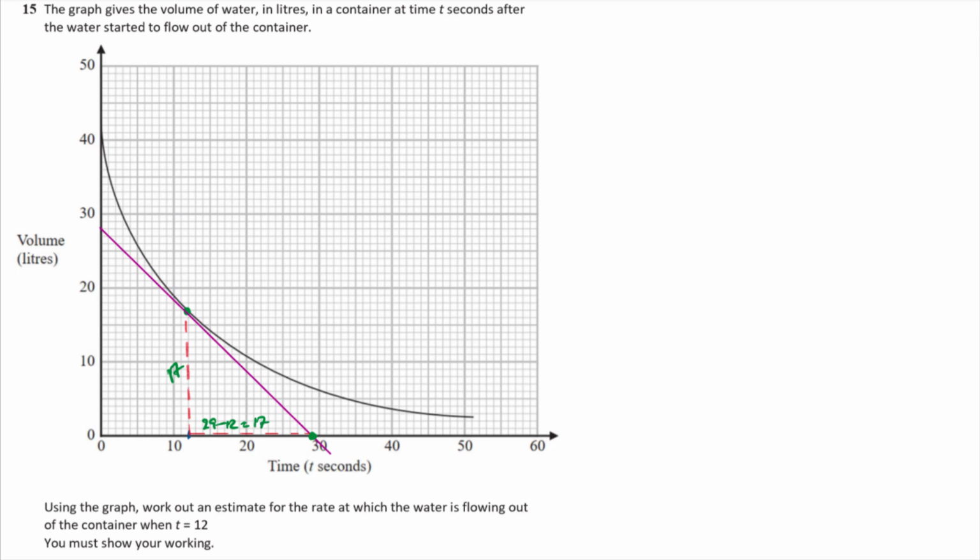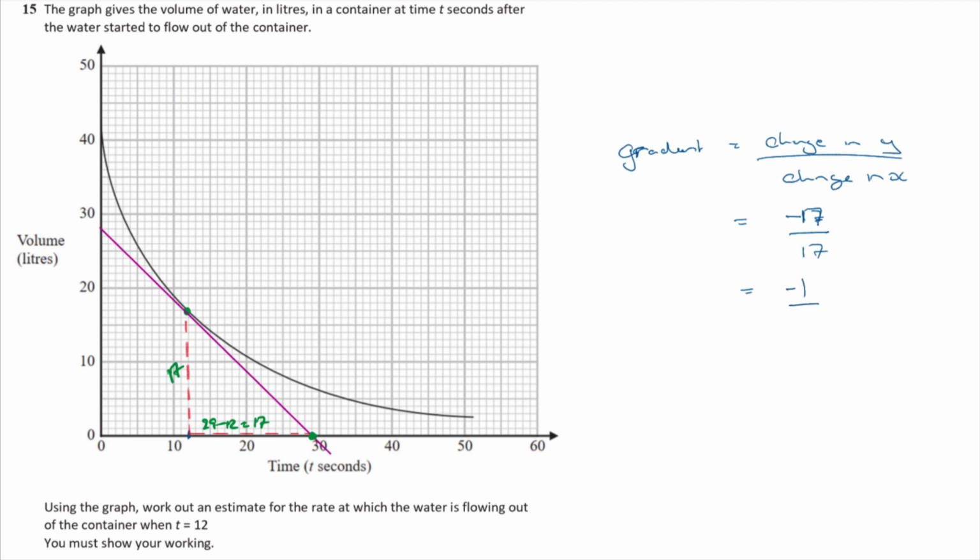So gradient is equal to change in y divided by change in x. And that is going to be equal to, well, it's actually negative 17, because we're going down, not going up, and positive 17. So that's going to give me a gradient of -1.